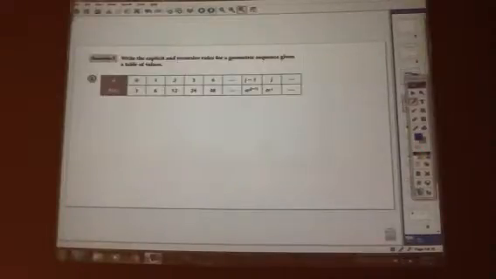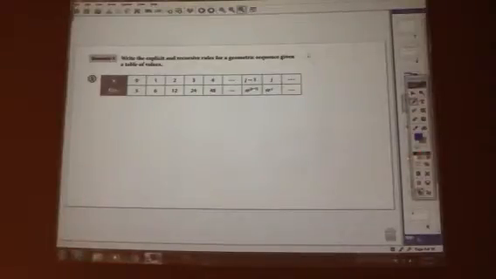All right, let's go straight to example 1A, right there in the middle of page 700. It says, write the explicit and recursive rules for a geometric sequence given a table of values. This is like problems 4 through 7 on your homework.